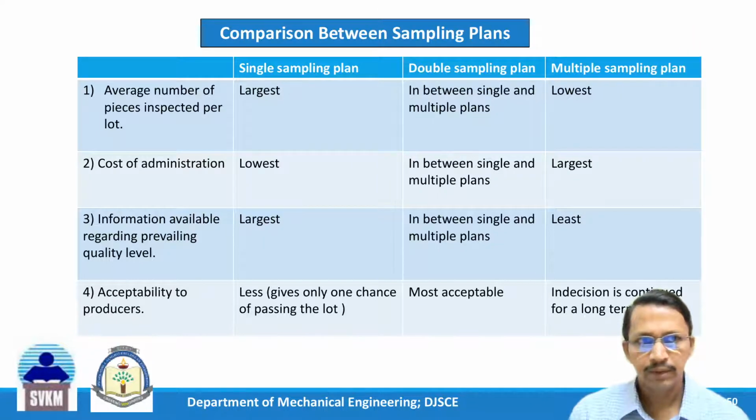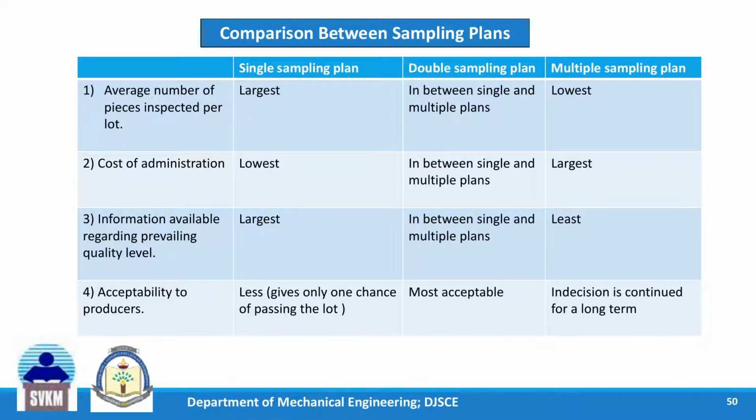The first parameter is the average number of pieces inspected per lot. It is the largest in the single sampling plan. In the double sampling plan, it is in between the single and the multiple, and in the multiple it is the lowest.